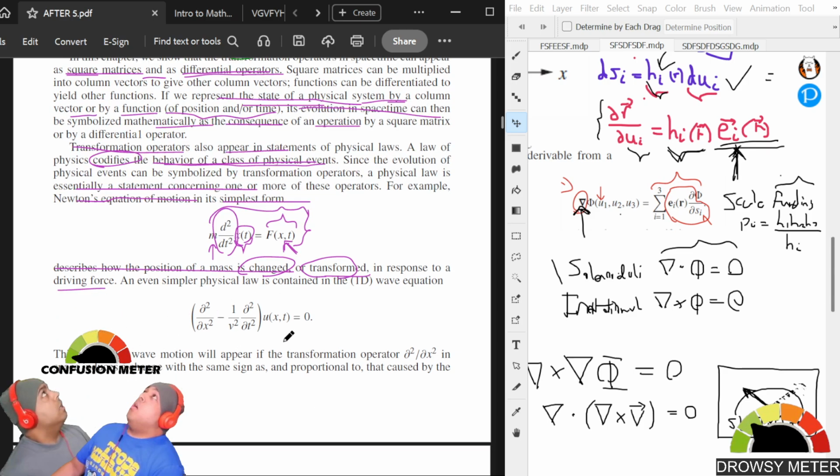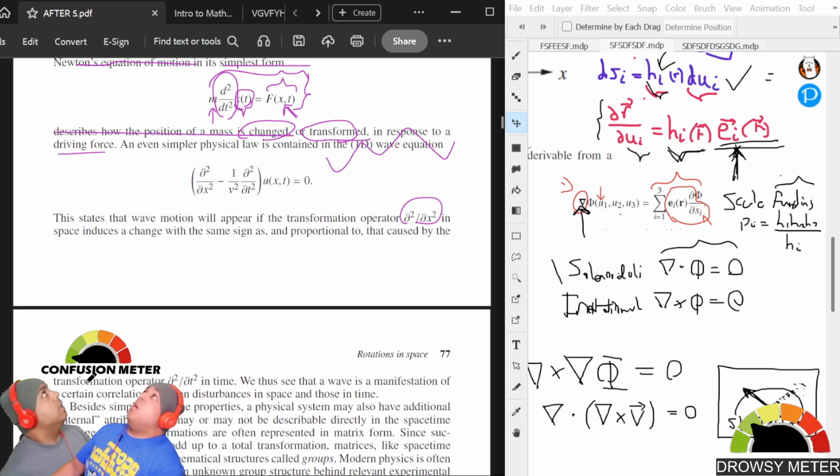This states that the wave motion will appear if the transformation operator, the second derivative del squared over del x squared in space, induces a change with the same sign as and proportional to that caused by the time operator.